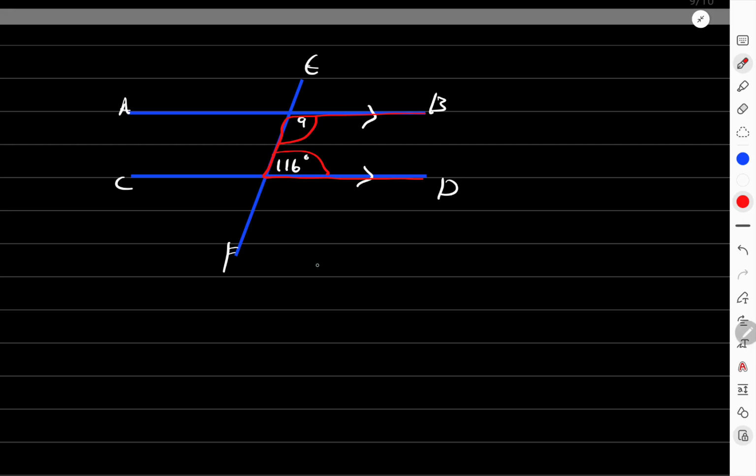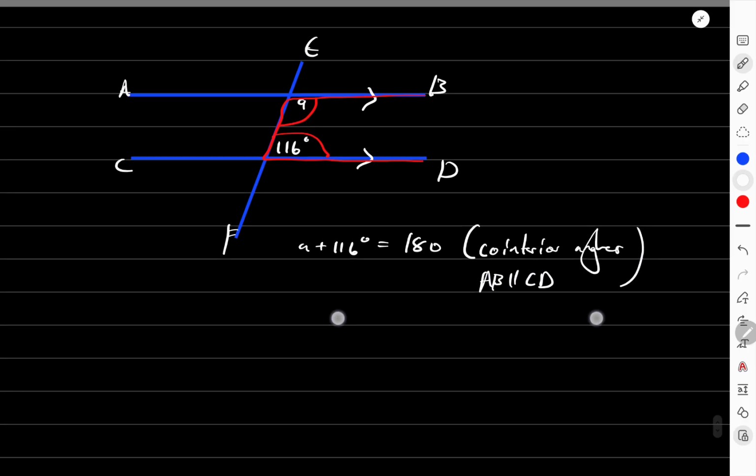Therefore, I'm going to have A plus 116 degrees combined should give us 180 degrees. The reason is going to be co-interior angles. After writing co-interior angles, I have to write which lines are parallel. I'm going to have AB parallel to CD. Line AB is parallel to line CD.